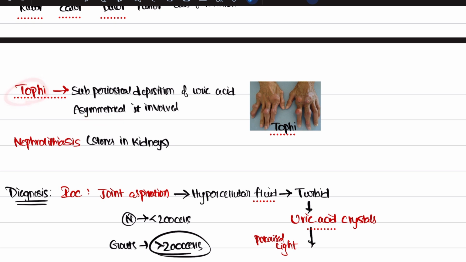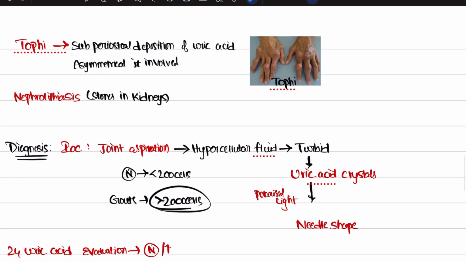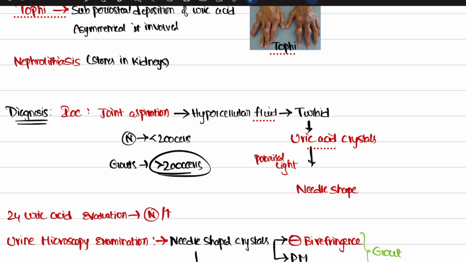Tophi means basically subperiosteal deposition of uric acid, and if there is an increase in uric acid, monosodium urate increases in our body, that will accumulate in the kidneys and cause nephrolithiasis. Nephrolithiasis means kidney stones.